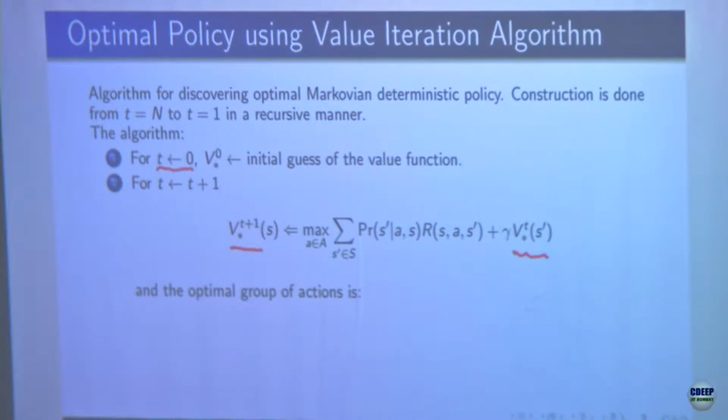Okay, so this is s, this is s prime under action a. So like before, you are accumulating the value at s here by looking at all the possible s primes that s could have transitioned to and accumulating the discounted reward, the cumulative expected reward from s primes. This is the basic idea of the algorithm.